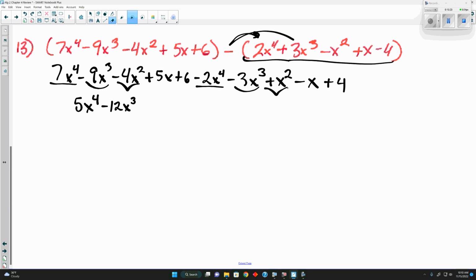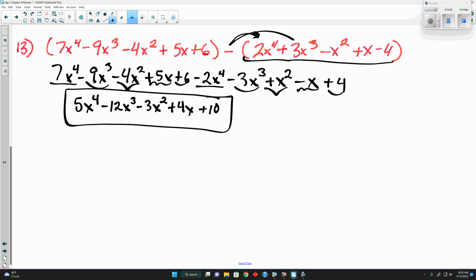Negative 4x squared plus x squared is negative 3x squared. 5x minus x is going to be plus 4x. And lastly, plus 6 plus 4 is plus 10. And that's it.